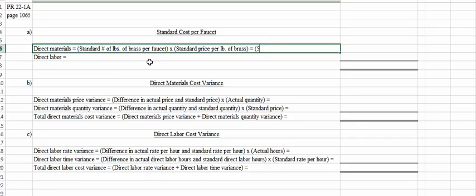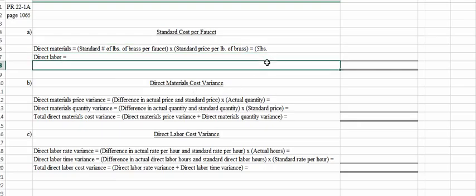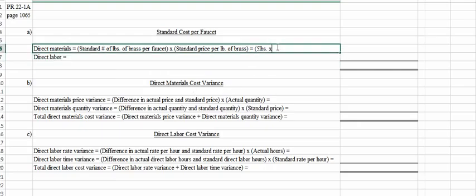So 5 pounds times, oh, I hate that going capital. Okay, I'll just do it like this. This means multiply as well. 5 pounds times the price per pound.